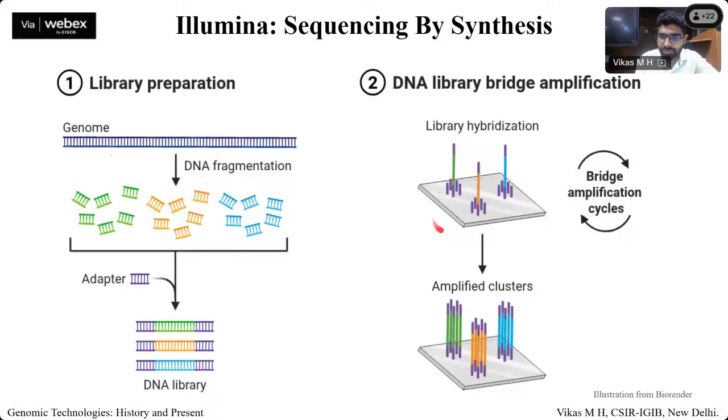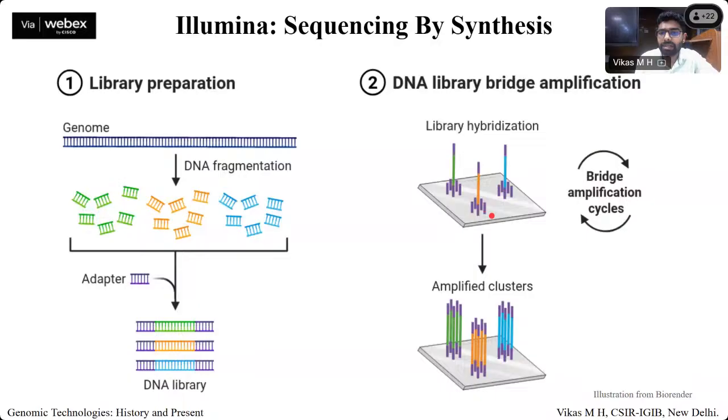So when you have a flow cell, these fragments will go and bind to these clusters. Once a DNA fragment binds to a cluster, there is a step called bridge amplification, where one particular sequence gets attached to the next one. These are complementary sequences, so it multiplies in numbers by copying again and again.